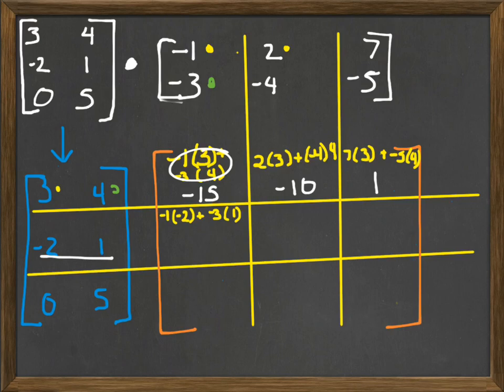So 2 plus -3 gives me -1. Next spot, I have 2 times -2 plus -4 times 1. So 2 times -2 is -4, plus -4 gives me -8.